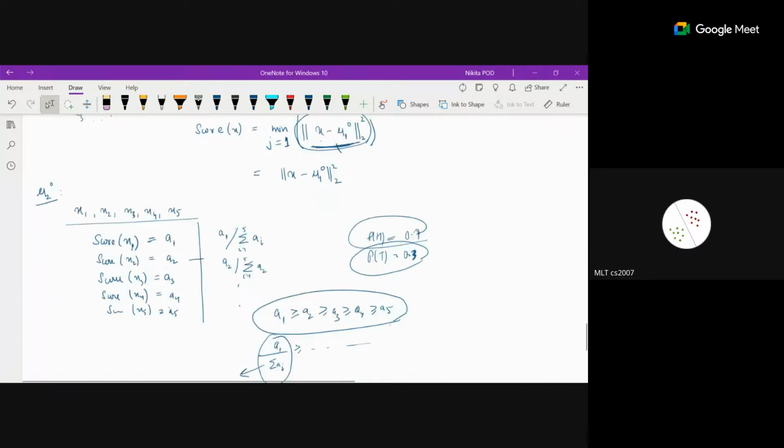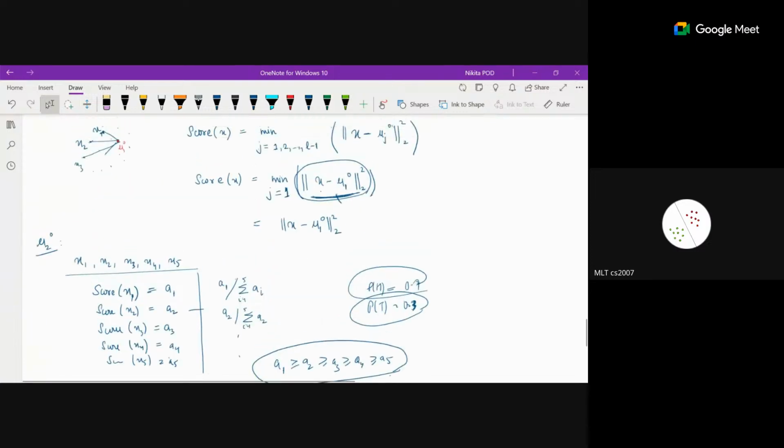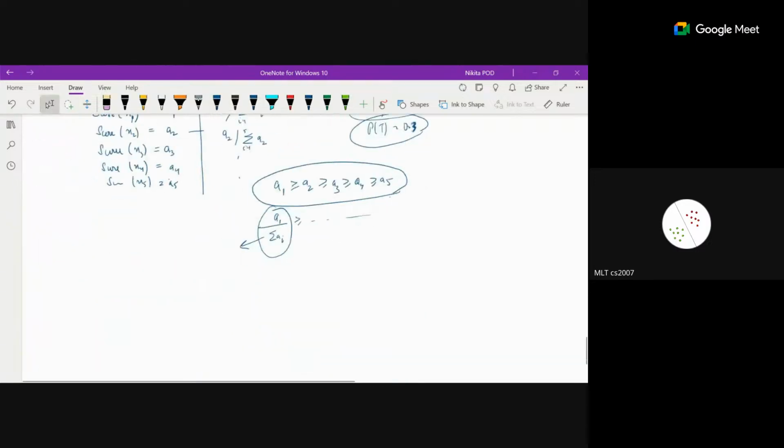Now let's say suppose that the algorithm chose x1 as my mu2 naught. Let's say it happened. So now we know my mu1 naught, and we know my mu2 naught. Now we need to know what should be mu3 naught, right?